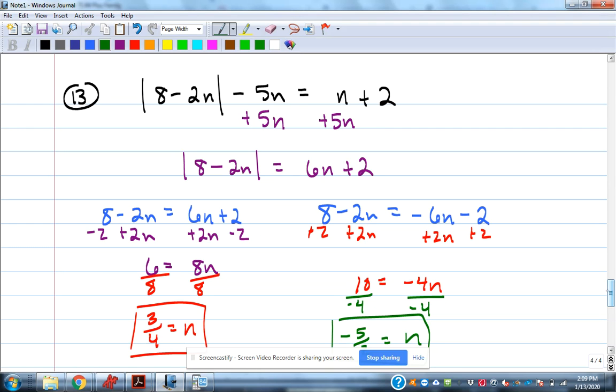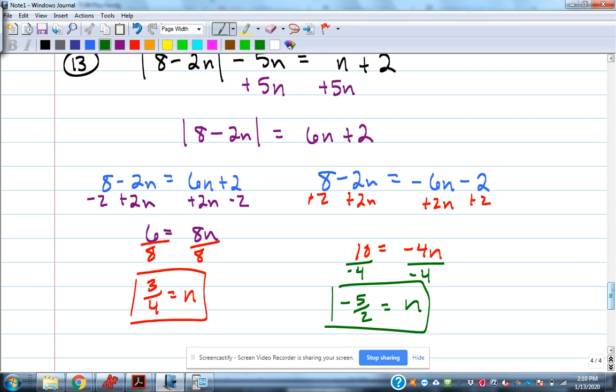Is 3/4 plus 2 going to be a negative? No, it's not, right? Is negative 5 over 2 plus 2 going to be negative? What is negative 5 over 2? It's negative 2.5, isn't it? Negative 2.5 plus 2 is a negative 1/2.